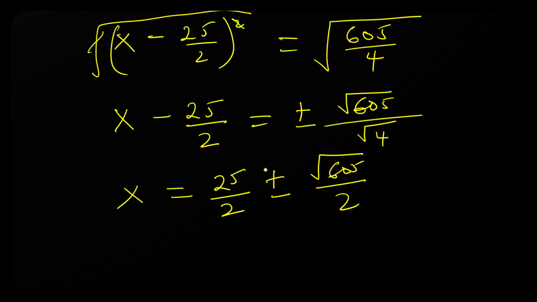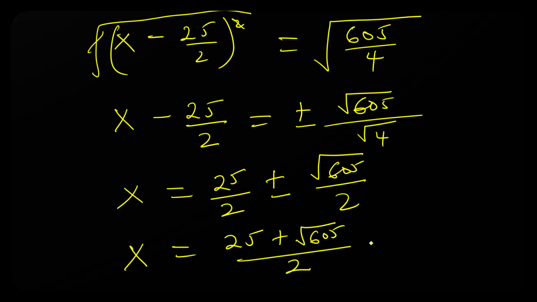Now, from here, my x will be 25 plus square root of 605 on 2, or 25 minus square root of 605 on 2. Alright, so these are the solutions.